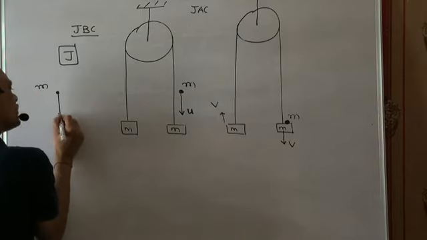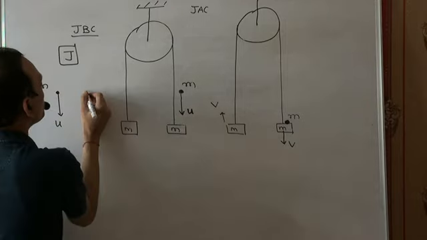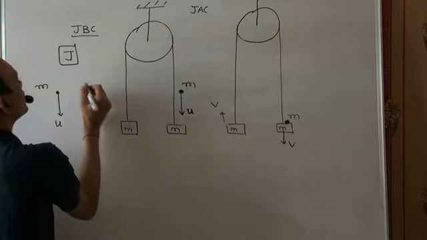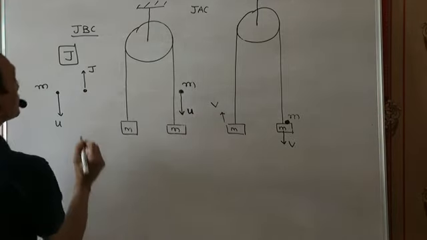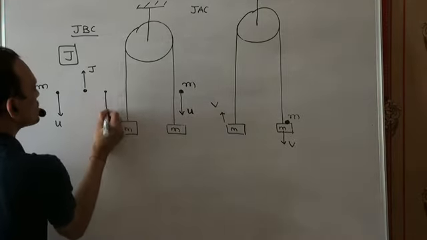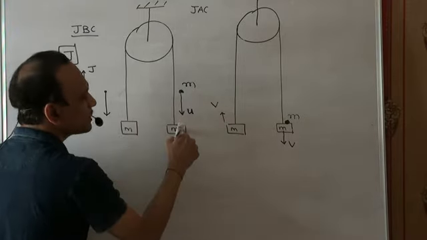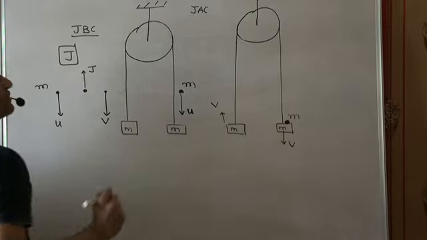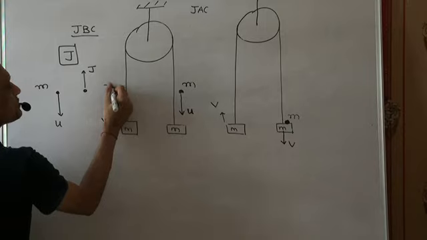It's moving down with a velocity u, and when it hits this block, the block will exert on this particle an impulse J, and consequently this particle along with this block moves down with a velocity v.